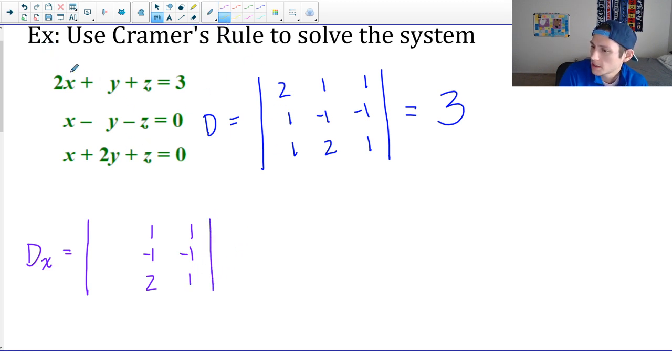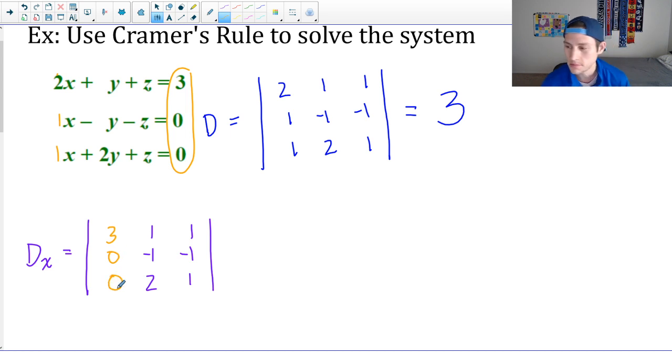Okay, but instead of having 2, 1, 1 for this first column, the x column, I'm going to replace that with the answer column, the column that has just the equals from the right side of the matrix. So I'm going to replace that with 3, 0, 0.